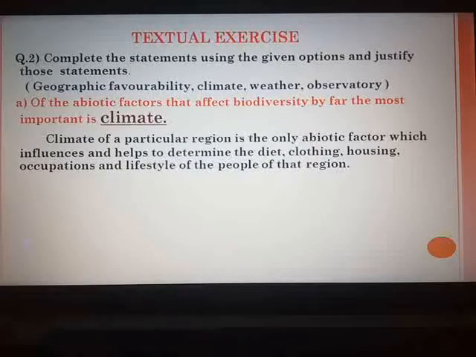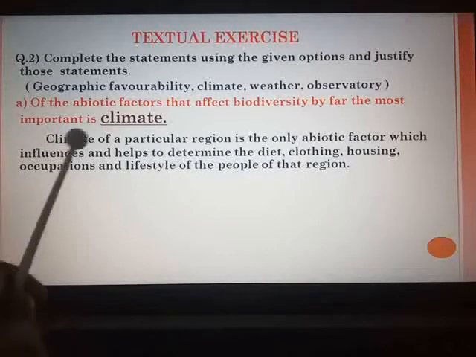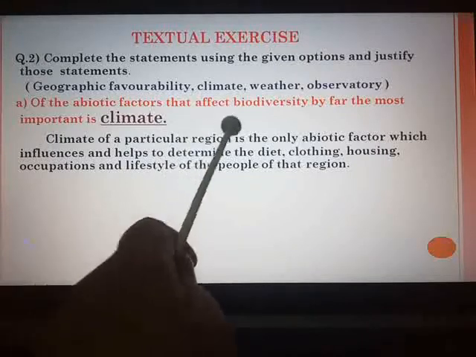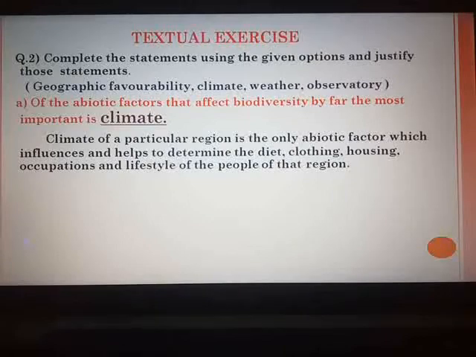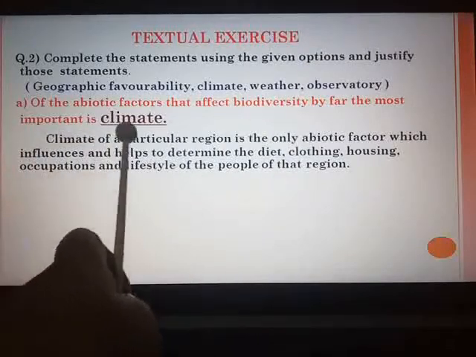Or if you want the direct answer, you can refer to page number 97, blue block. Page number 97, blue block. You can see in that block point number 2. That part is removed from the syllabus, but that small part we can take as explanation. So the second point there is the climate of a particular region. Add this part, is the only abiotic factor. Add these 3-4 words: climate of a particular region.